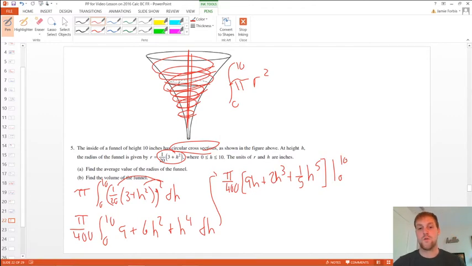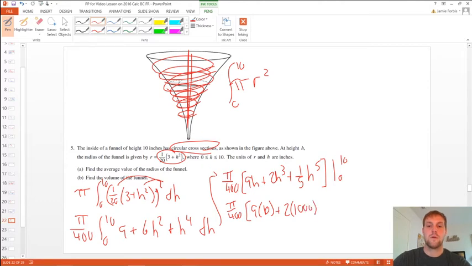You can put minus 0 if you want, no big deal. But I'm going to say pi over 400 times 9 times 10 plus 2 times 10 cubed, which is 1,000, plus 1/5 times 10 to the fifth, which is 1 with 5 zeros over 5. And then minus 0 if you really want to.